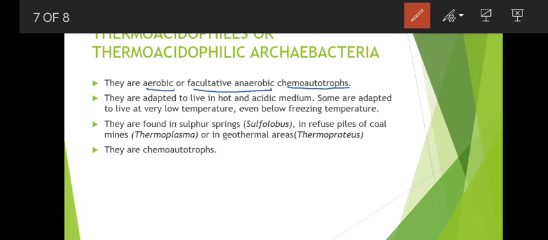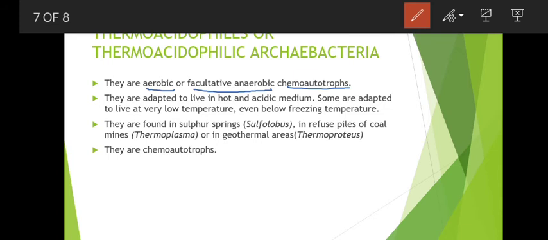Facultative anaerobic means they can survive in anaerobic conditions, and if the condition changes to aerobic, they are also able to survive in those conditions. These kinds of organisms which are generally anaerobic but can survive in aerobic conditions are called facultative anaerobes or facultative anaerobic organisms.